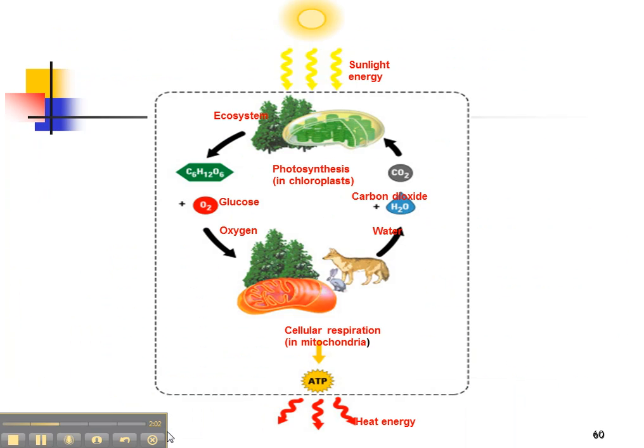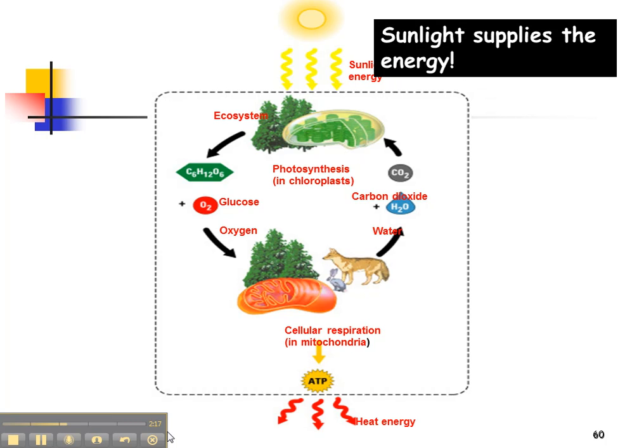All right, so for the last part, we need to talk about how cell respiration and photosynthesis are similar and different. Compare and contrast, because our next part of this unit is photosynthesis. So, if you remember, sunlight supplies all energy. Got it. Good.